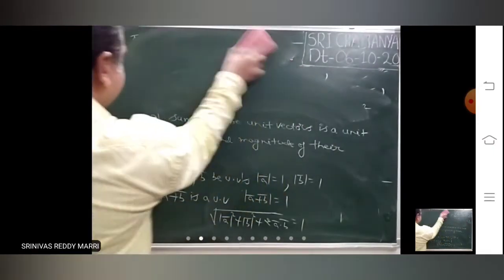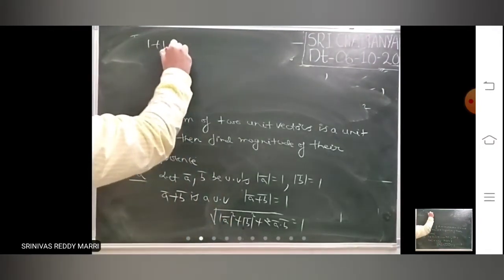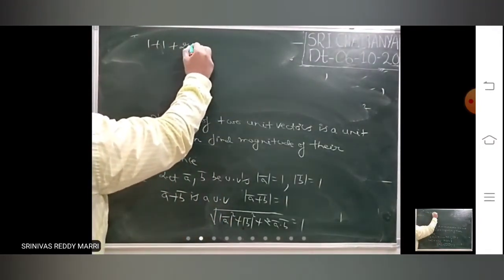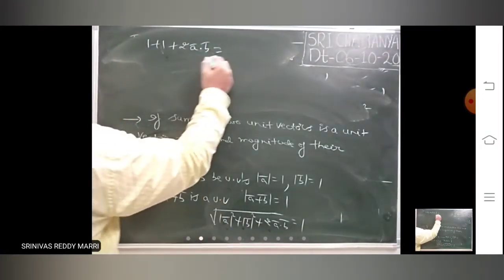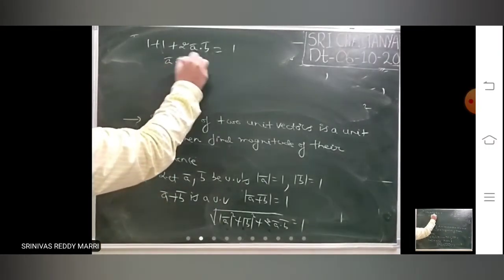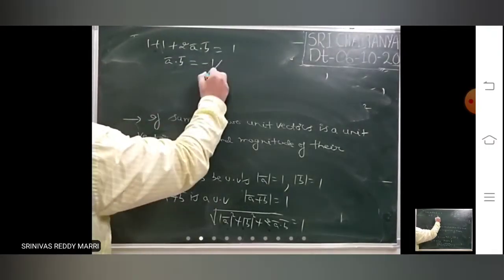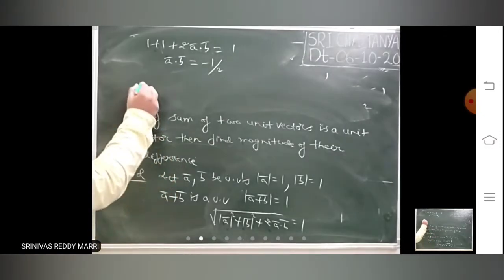Square on both sides. This is 1, this is 1, so 1 plus 1 plus 2 A dot B equals 1. So A dot B is nothing but that side minus 1 divided by 2. A dot B, what I got, is minus 1 by 2.